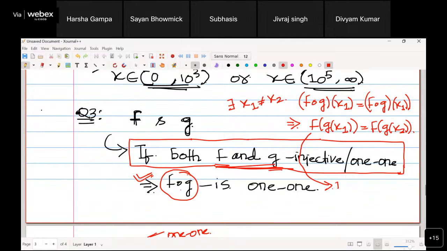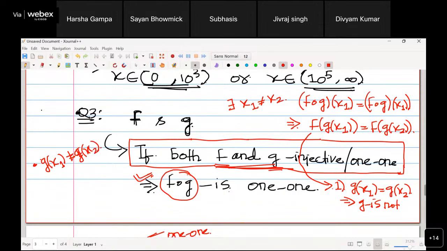First case: if g of x1 is same as g of x2, that means g is not injective, correct or not? Which is a contradiction, because we assumed both f and g are injective. The next case is g of x1 is not equal to g of x2.